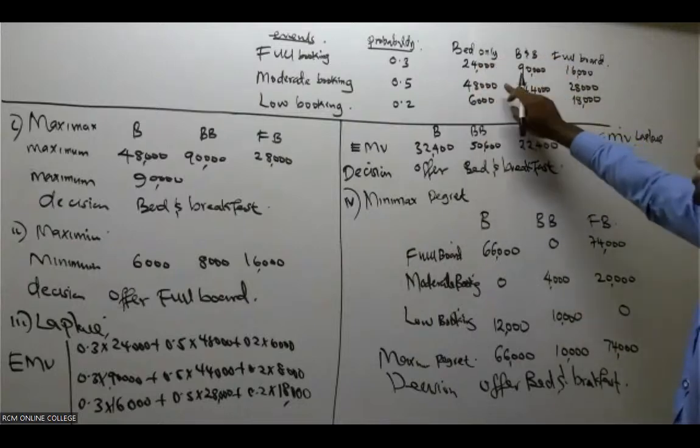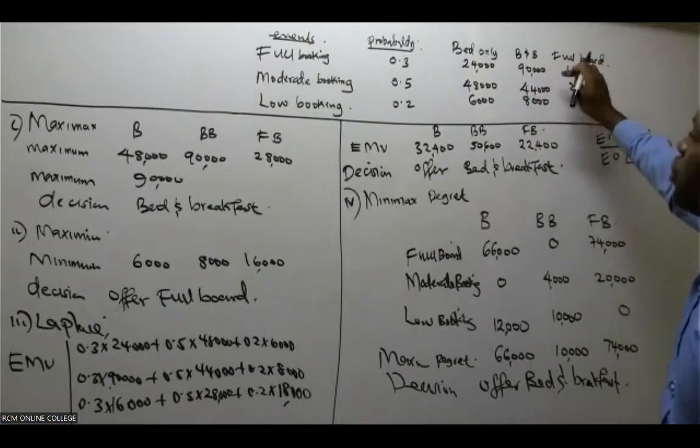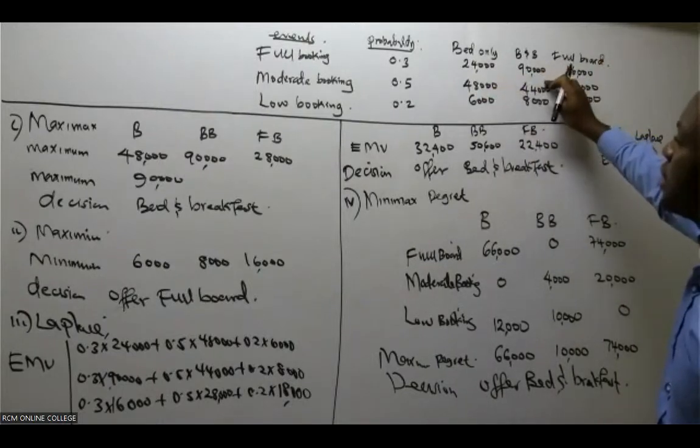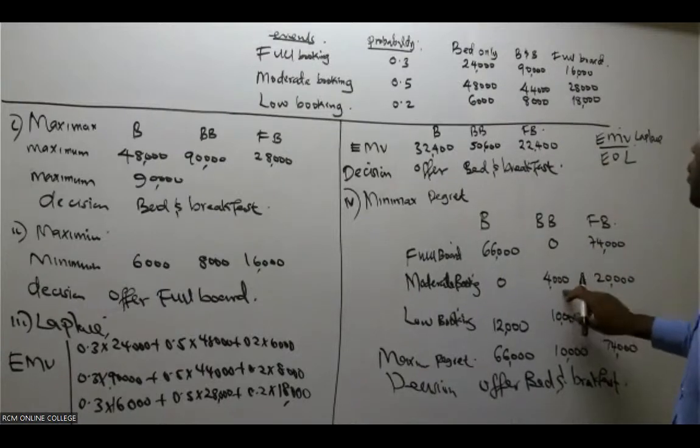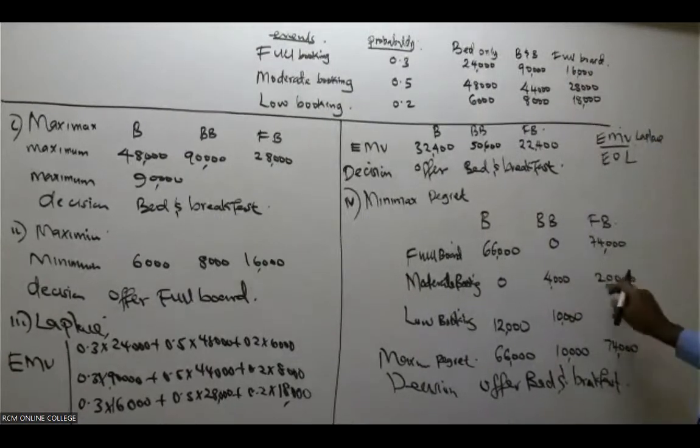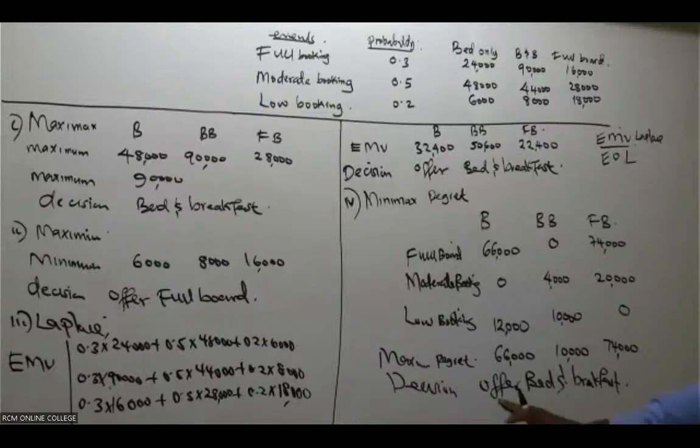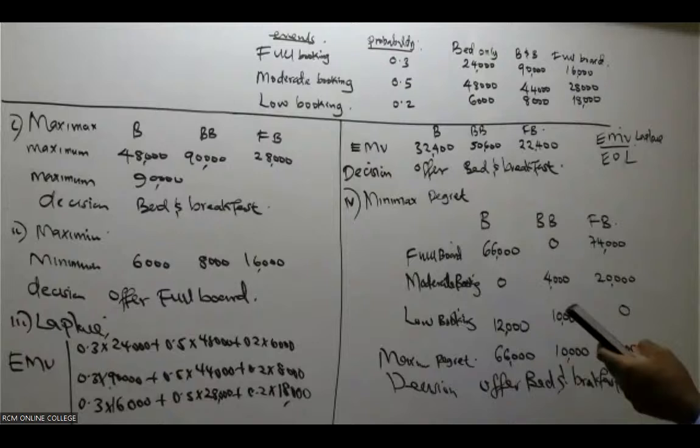Maximum 48 minus payoff under each alternative: 48 minus this 4, 48 minus this 20. That's what we did. And then look at the one that's giving you the lowest loss. So that's how we calculate those particular questions.